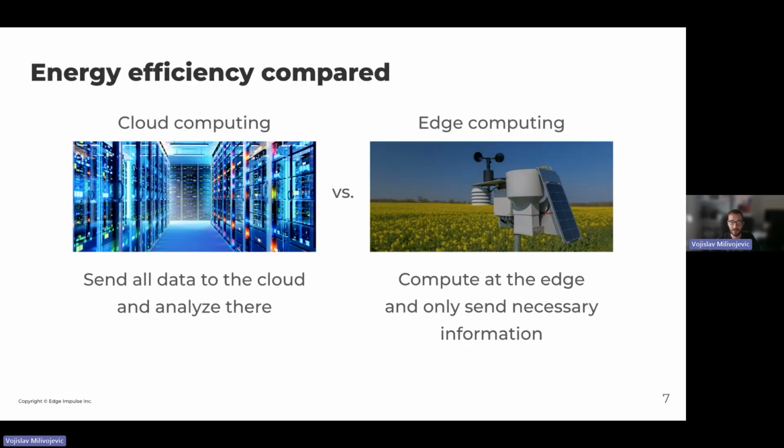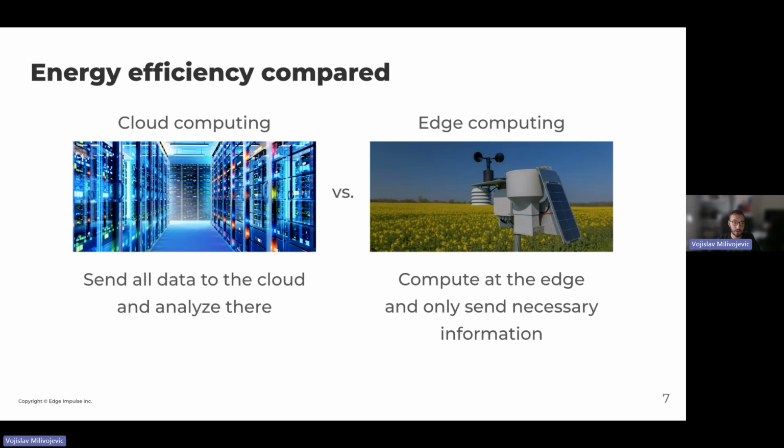So energy efficiency, as I said, for me, that's always an important one, since I build devices that need to run very remotely with very limited power sources, and we always have these two ways to go. We have cloud computing and edge computing.